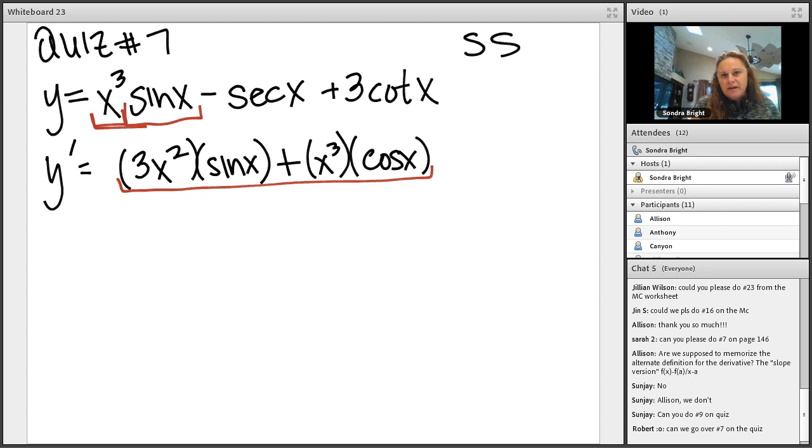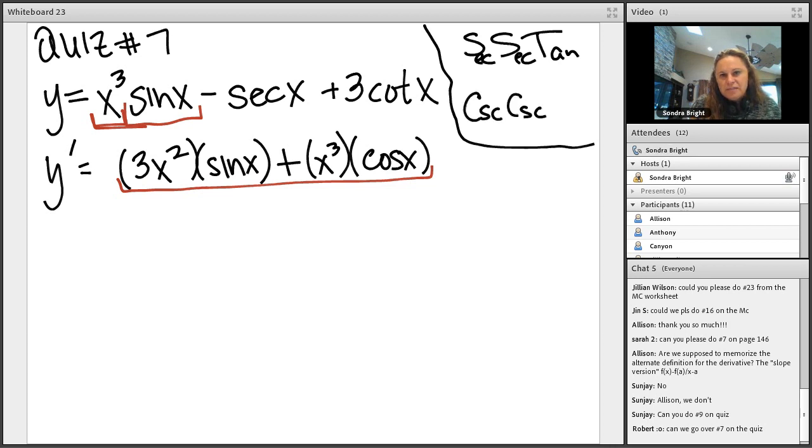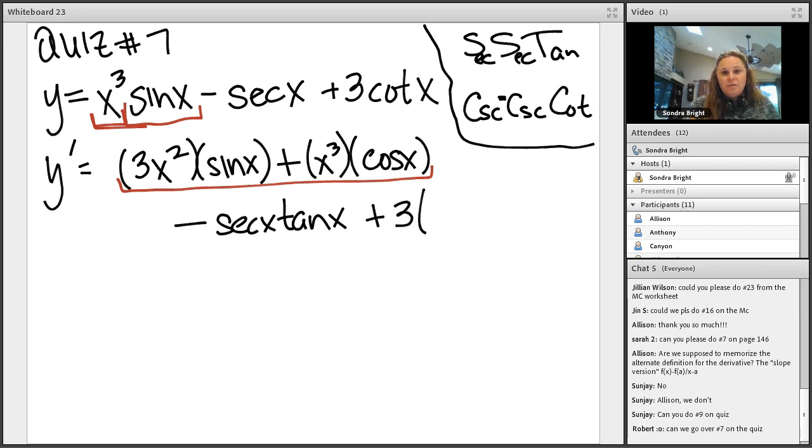I'm going to write my little cheat sheet up here: secant, secant, tangent. And I'm going to need cotangent anyway, so I'll write it again: cosecant, cosecant, cotangent with a negative in the middle. So now I've got minus secant x times tangent of x, and then plus 3 times the derivative of cotangent, which would be a negative cosecant squared.